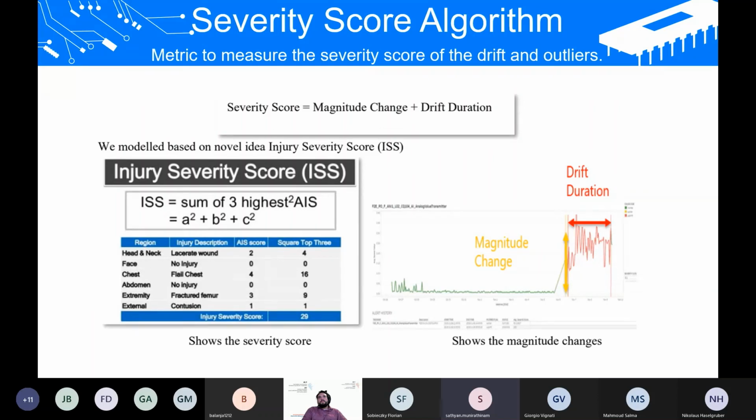It's the same model. We want to put a severity score. Yeah, I think this is drifting up, but it's not that severe that we need to focus on. It's more of a warning. If the score is beyond a threshold limit, then we can really focus on the specific issue, right? The score is based on two things: the change, how much it goes up, and the duration of the drift.